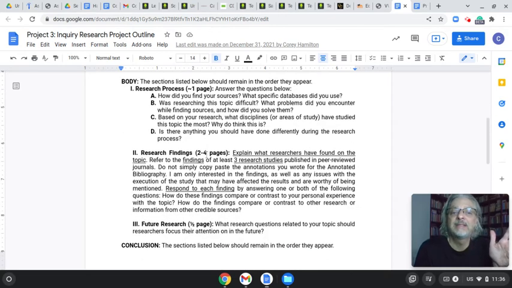Your research findings, right? This is where you're probably going to take the majority of your information from your annotated bibliography. However, not a copy and paste, because what we need to do in this particular situation is discuss the findings in relation to your research question, in relation to what your argument is, how that person has spoken about it.